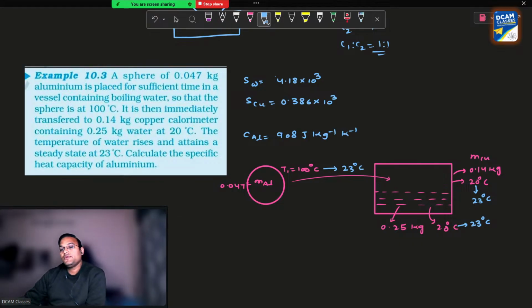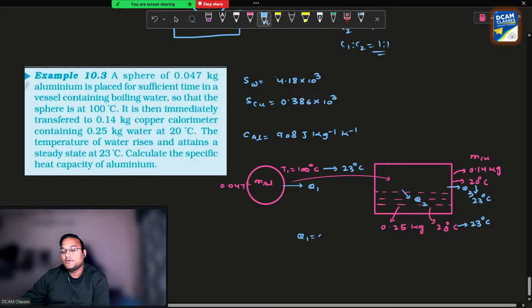So the equation would be: the heat lost by this system is equal to the heat gained by this system, Q1 is equal to Q2 plus Q3.